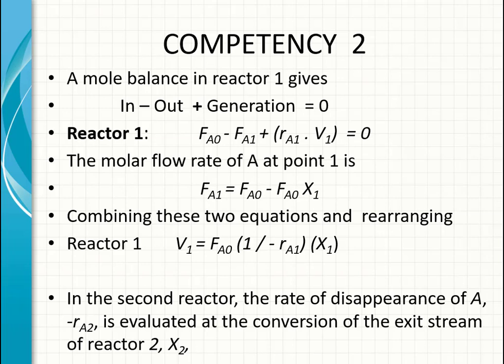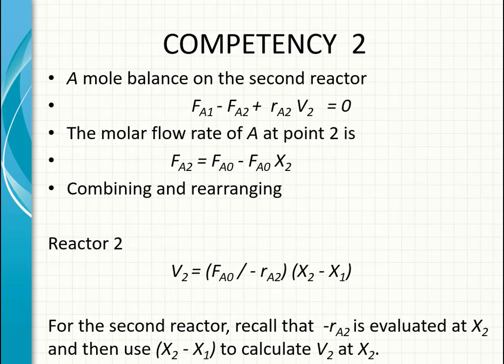In the second reactor, the rate of disappearance of A is minus RA2 and is evaluated at the conversion of the exit stream of reactor 2, which is X2.